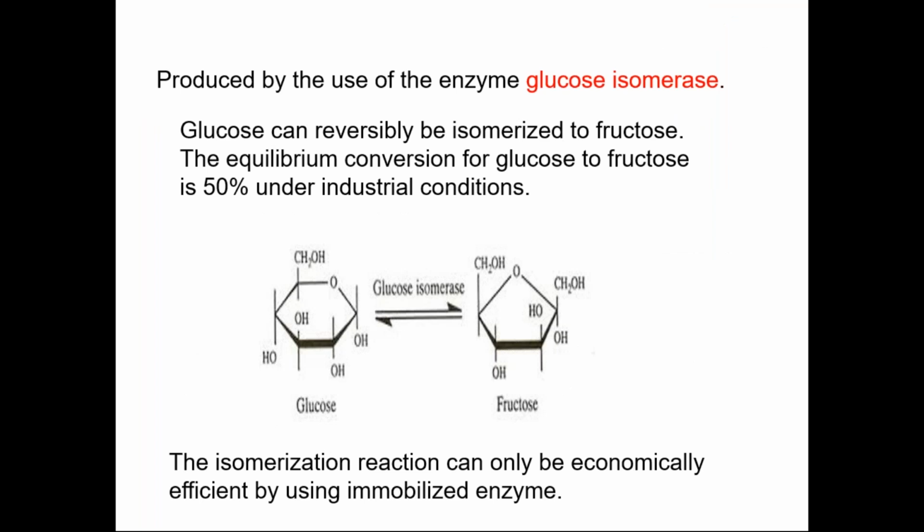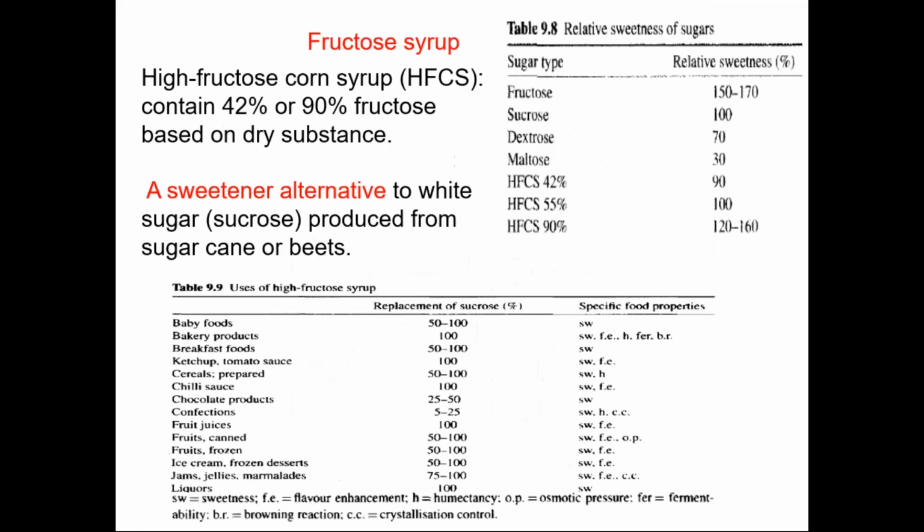High fructose syrup is very economical, and it is used in a large number of food industries. The reason being that fructose has a relative sweetness of 150 compared to sucrose, whereas the high fructose syrups have a relative sweetness which is almost the same as that of sucrose.